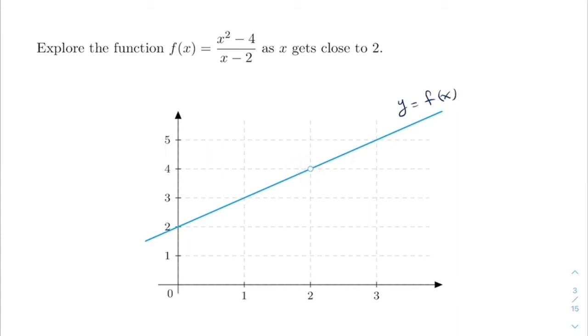That means that the function is not defined at x equals 2. But if I get closer and closer to 2 from the left or from the right, the value of the function gets closer and closer to 4. That is what we saw previously using these tables, and now we can see this graphically.